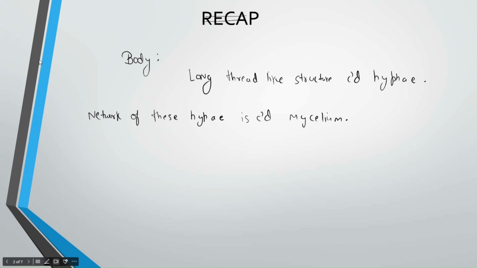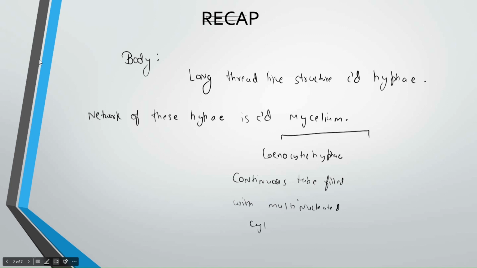Mycelium can be of two types. We have one with coenocytic hyphae. Coenocytic hyphae are continuous tubes filled with multinucleated cytoplasm.